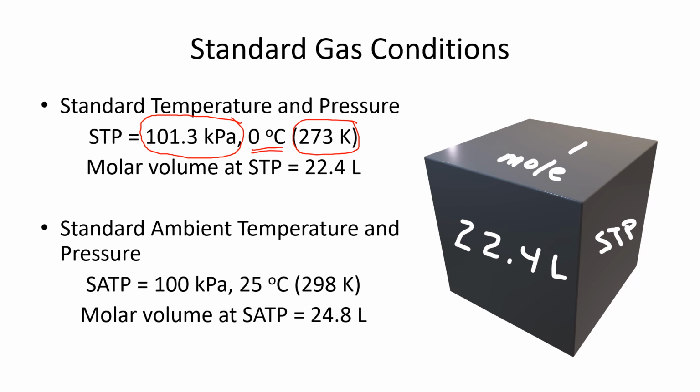Those are the two standard conditions for STP, for which the volume of any gas is 22.4 liters. The standard ambient temperature and pressure is slightly different: 100 kilopascals, so a smidge less, and quite a bit warmer, 25 degrees warmer on either scale. 298 Kelvin is the measure there, and due to that extra warmth, the gas will occupy a little more space.